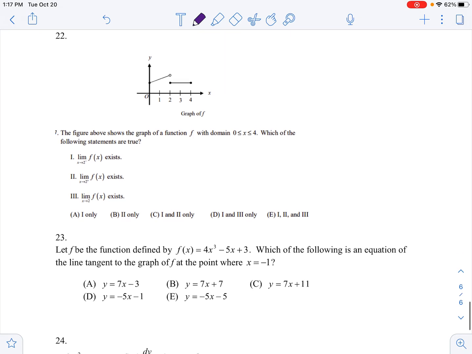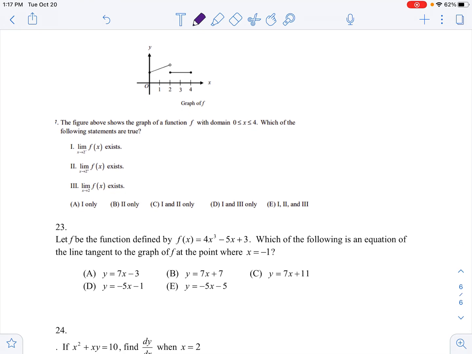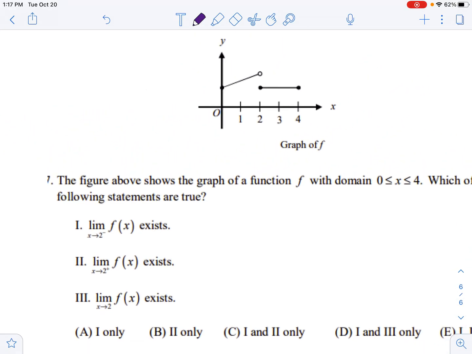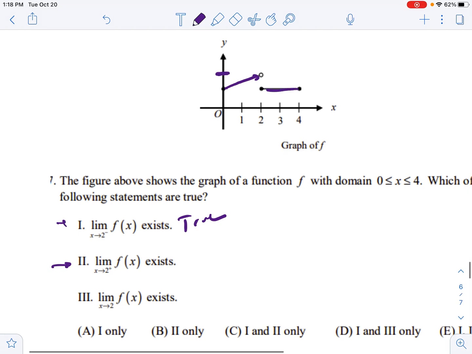That's the point. All right, graph of f on the interval [0, 4], which of the following statements are true? The limit as x approaches 2 from the left exists. Well, as we come into 2 from the left, yes, we approach some y value where the hole is, but that limit does exist, that's true. As we come in from the right, the limit exists, yeah.